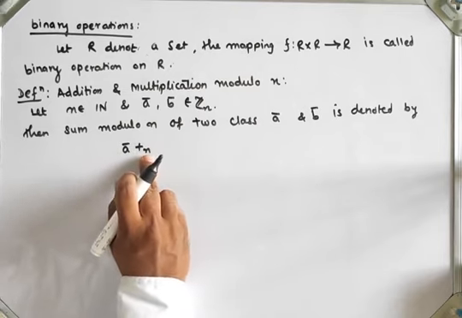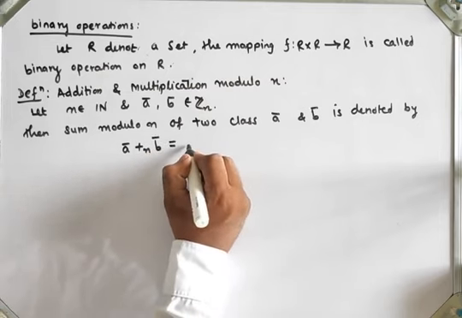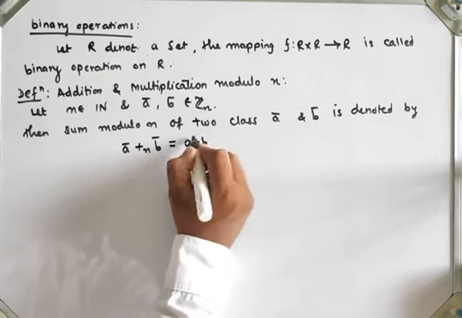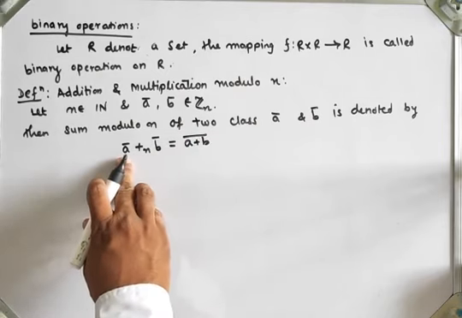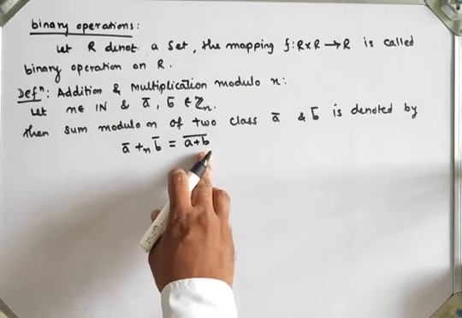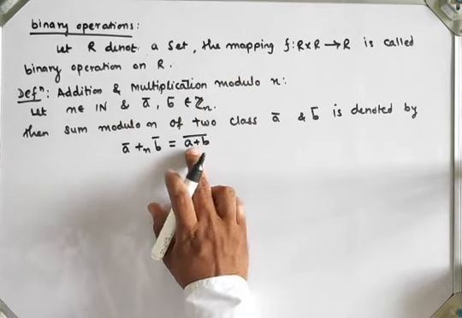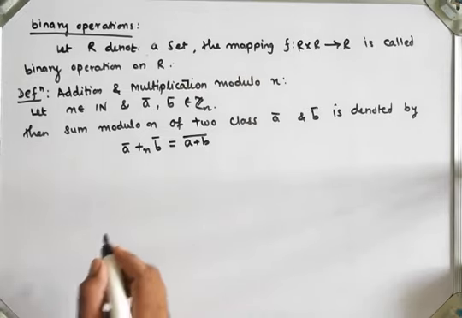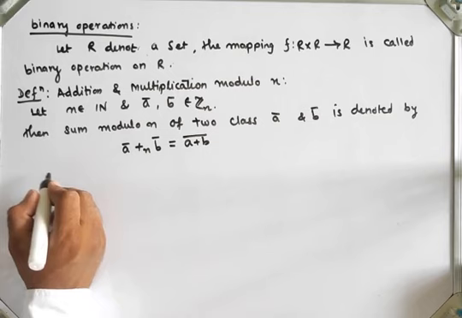So addition modulo n of residue class A and residue class B is the same as the residue class of A plus B. So addition of residue classes is the same as A plus B bar, meaning the residue class of A plus B. So this is addition modulo n.